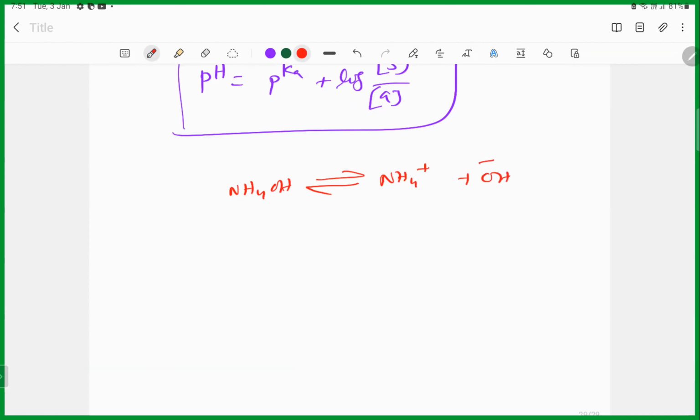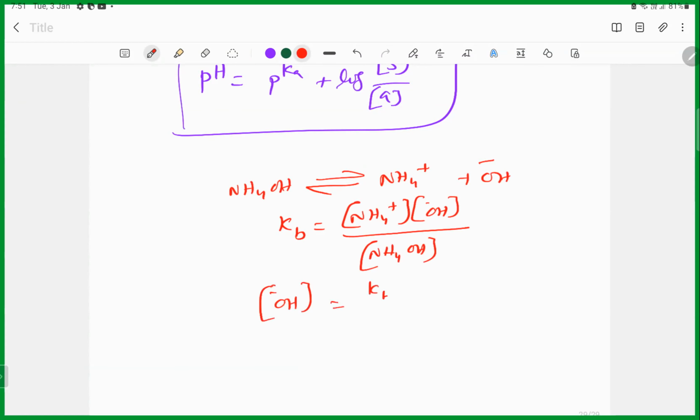So when it is dissociating, Kb value becomes NH4 plus concentration and OH minus ion concentration divided by ammonium hydroxide. So the OH minus ion concentration for the base becomes Kb into NH4OH divided by NH4 plus.